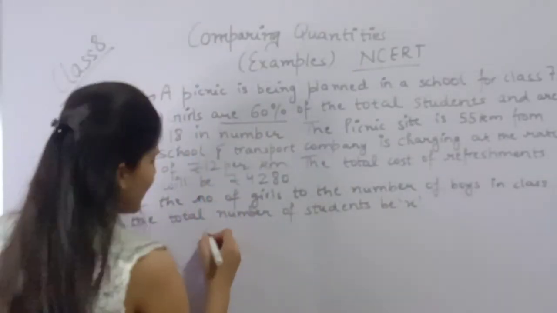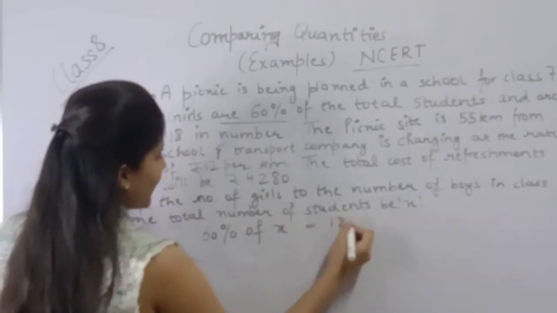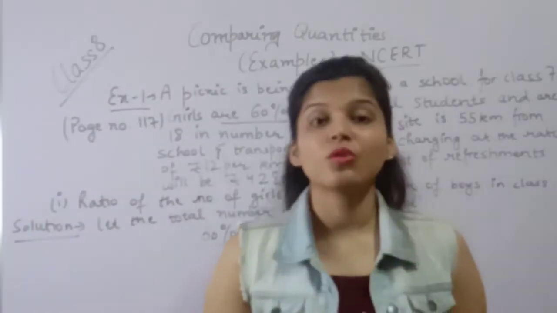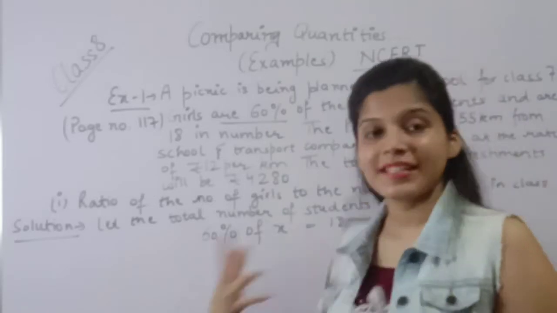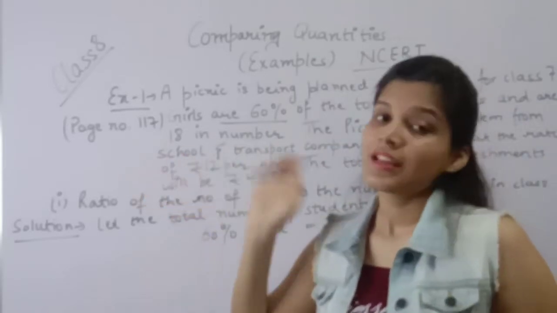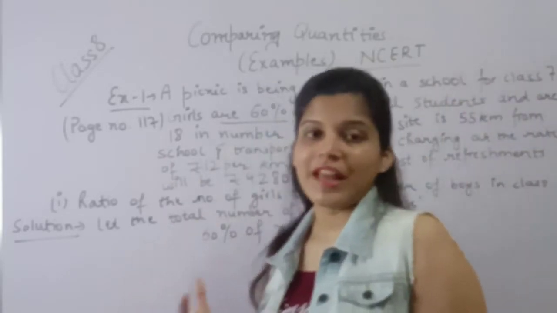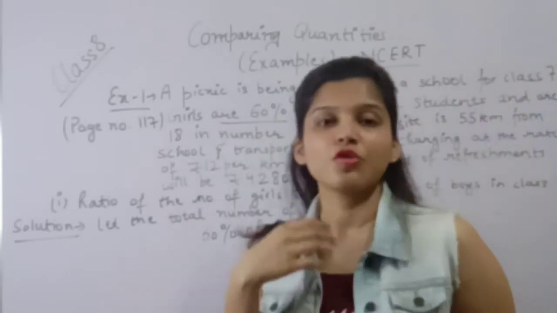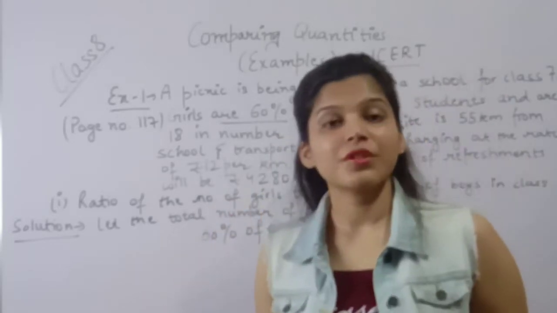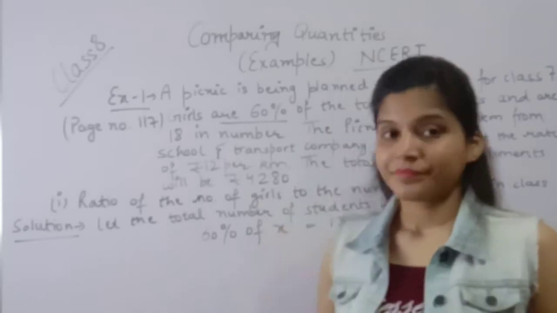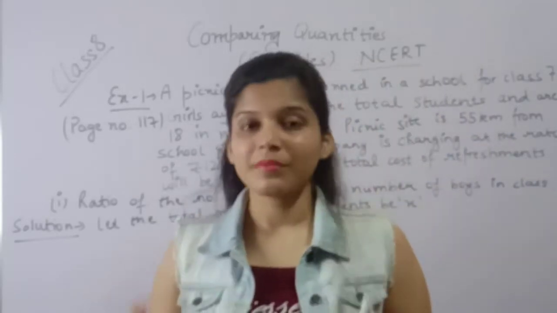So we can say 60% of x equals 18. Why? Because x is the total number of students and 60% of x are girls and they are 18 in number. So we formed an equation, and with this equation we can find the value of x. Then with total number of students and girls, we can find the number of boys.